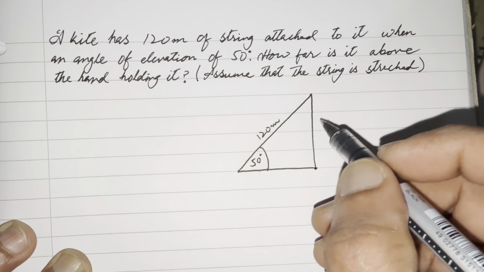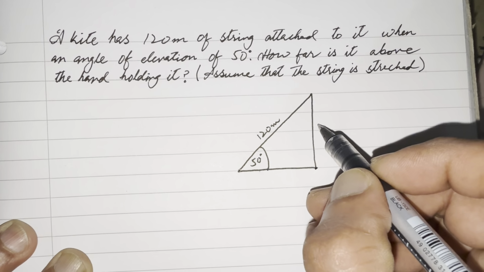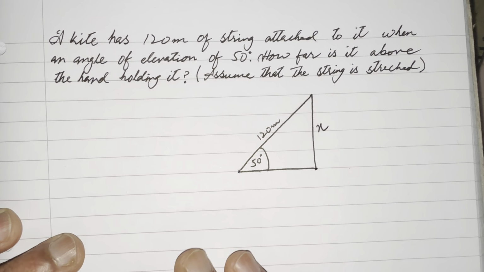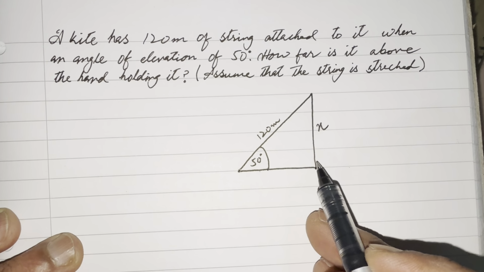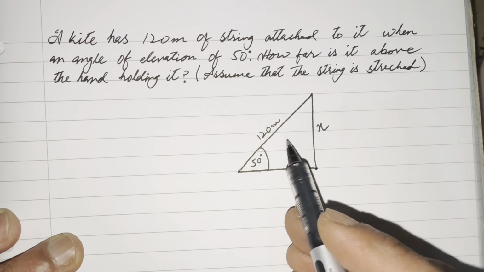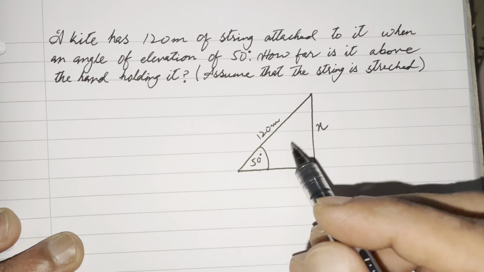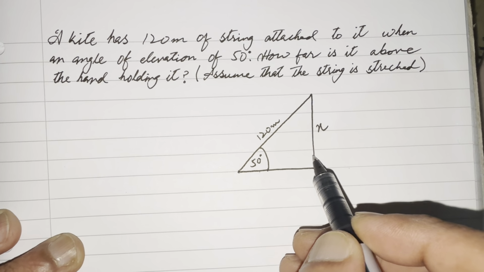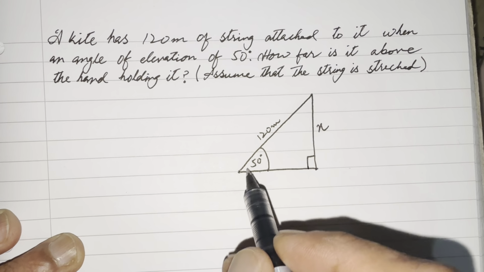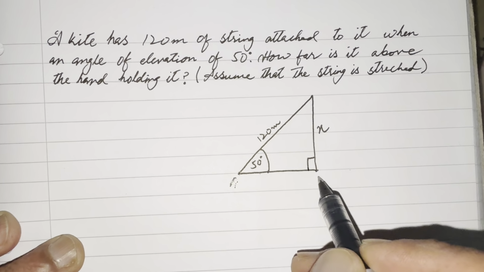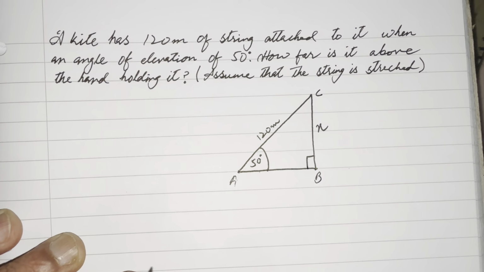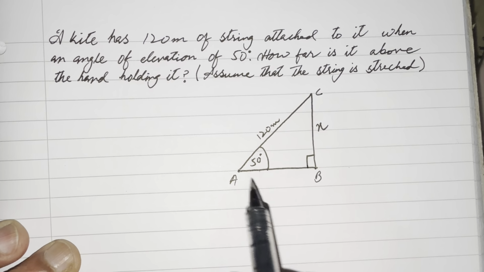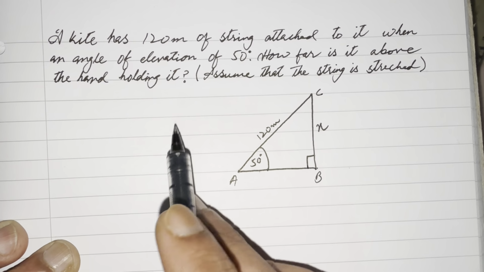So let's see. We can say that this distance is represented by x. So that's the situation. We have made the figure. We can say that this is a right angle triangle, and we can give the names as A, B, and C. So this is the figure that we have drawn with the help of this statement.